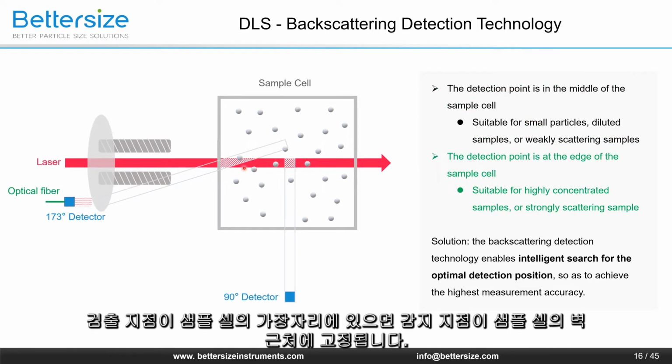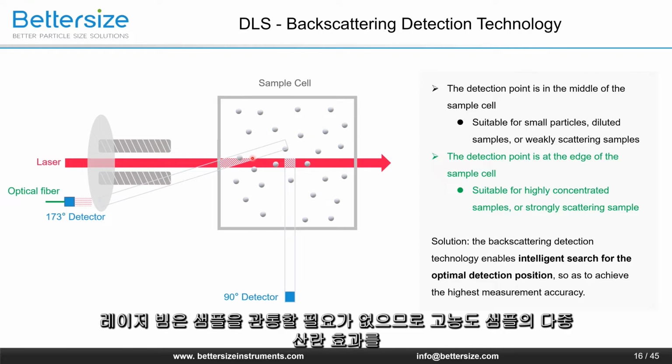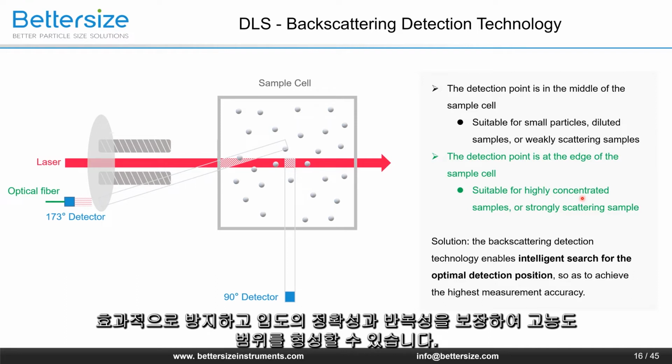When the detection point is at the edge of the sample cell, it is fixed near the wall of the sample cell. The laser beam does not need to penetrate the sample, which can effectively avoid the multiple scattering effect of high concentration samples and ensure the accuracy and repeatability of the particle size results in the high concentration range.